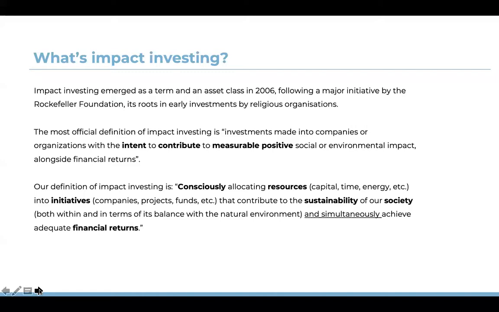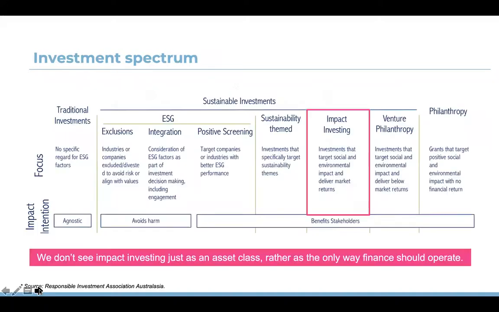So consciously allocating resources, so not just investing of capital, but also time and energy, for instance, into a broader set of initiatives. So not only companies, but also projects and funds, for instance, that contribute to the sustainability of our society, both within itself and in terms of its balance with the natural environment, and simultaneously achieve adequate financial returns. So at market level, I would say.